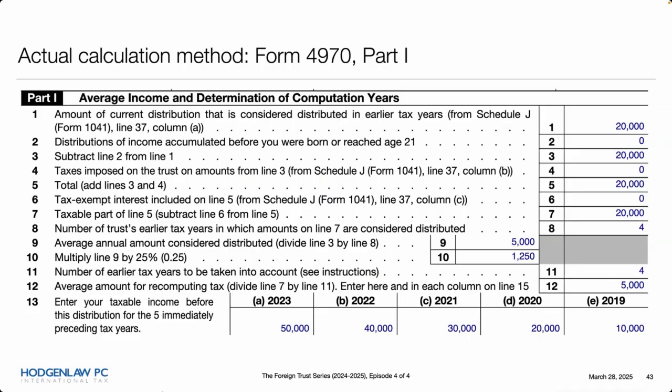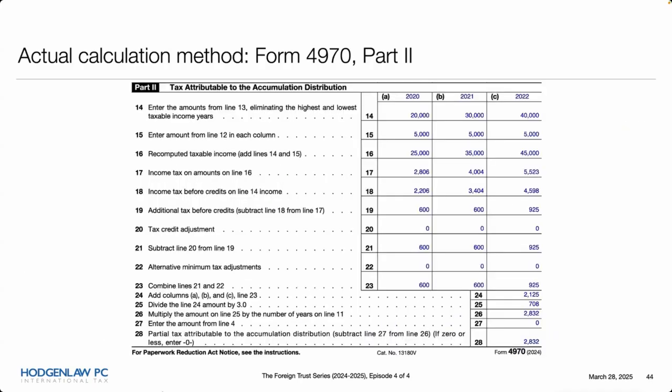Again, the trust has been in existence for 4 years and it's been accumulating all that time. So line 8 and line 11 are the same as before. So we're not going to have any problem with the time period over which the trust has existed, which we're going to use as the multiplication factor down below. And same assumptions for the beneficiary's tax years, 2023 backwards to 2019. And here's what the numbers look like now.